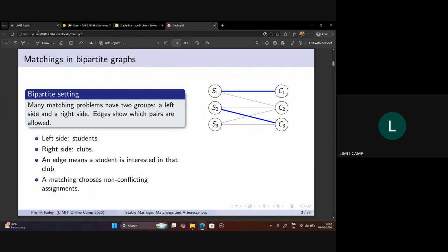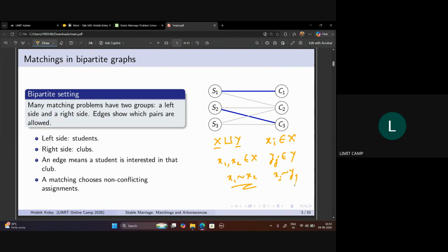A bipartite graph is defined as basically two disjoint sets of vertices X and Y, such that the edges only exist from X to Y or Y to X, but there are no edges between two vertices of X. For example, if x1 and x2 belong to X, then x1 and x2 cannot have an edge between them. All edges should be of the form xi yj. So this is an example of a bipartite graph.